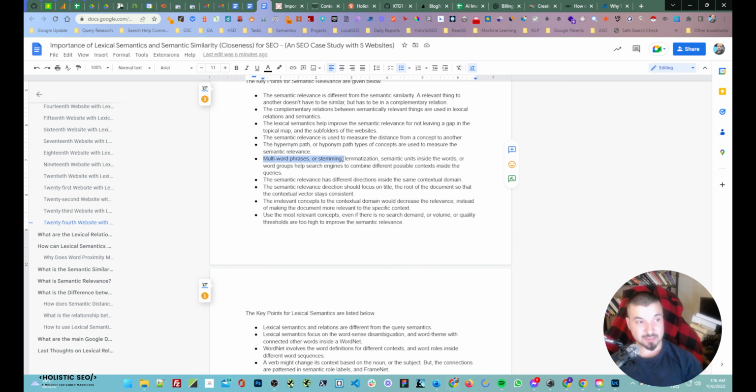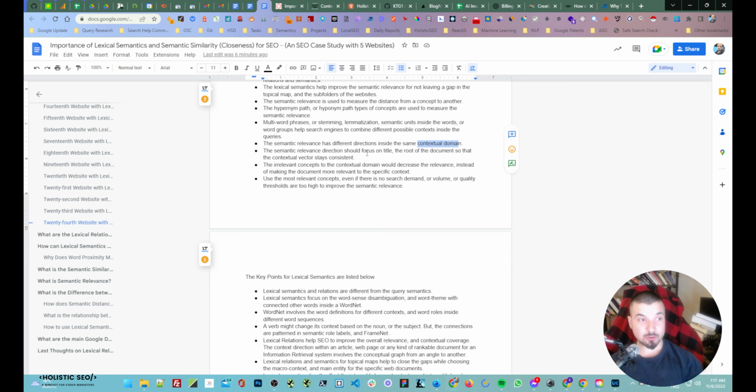Multi-word phrases, stemming, lemmatization, and semantic units inside the words or word groups help search engines combine different possible contexts inside the queries. And semantic relevance has different directions inside the same contextual domain. This is important because the contextual direction inside the contextual domain shows your angle, what you are talking about and what you will be talking about next, stated directly inside the summary section at the beginning of the article, so that Google can understand why they should rank you or why they shouldn't.